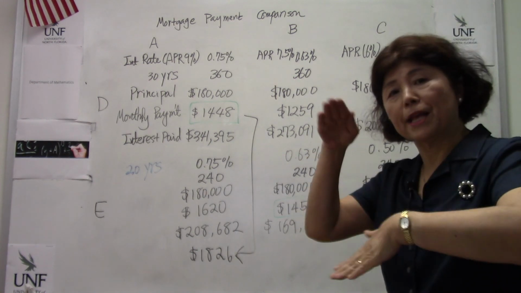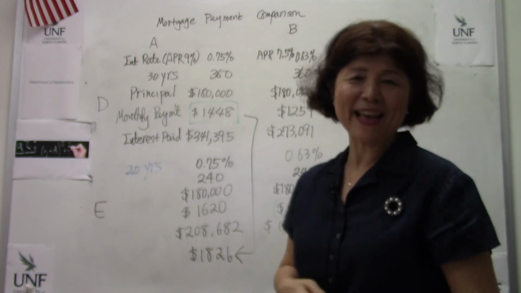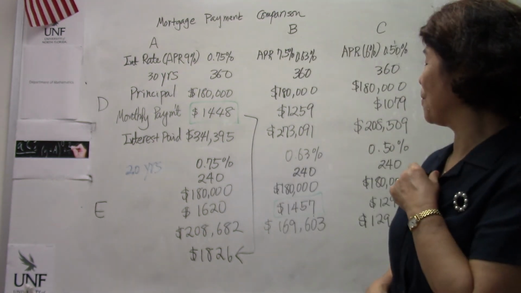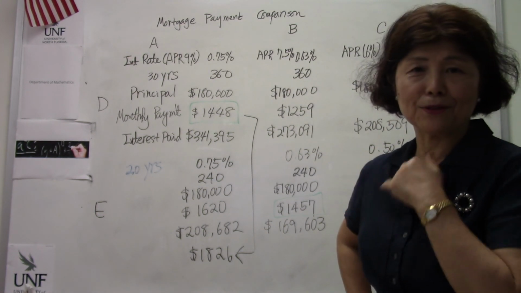So you can experiment with the different options. Alright, this is the ultimate goal for our personal finance problems here. Just buying a house, we have options.